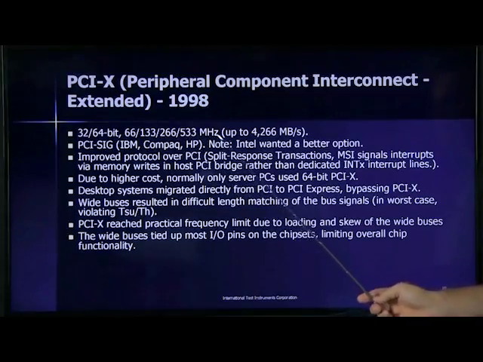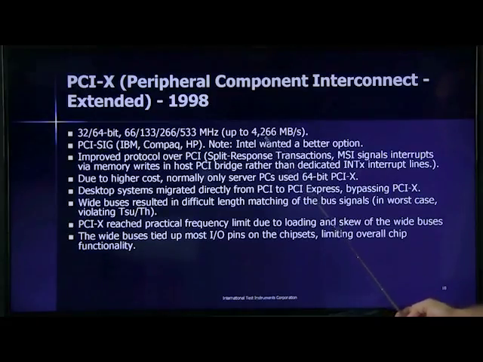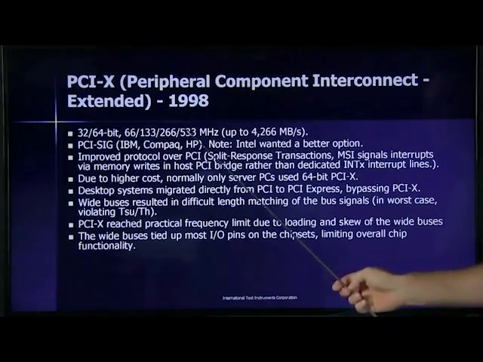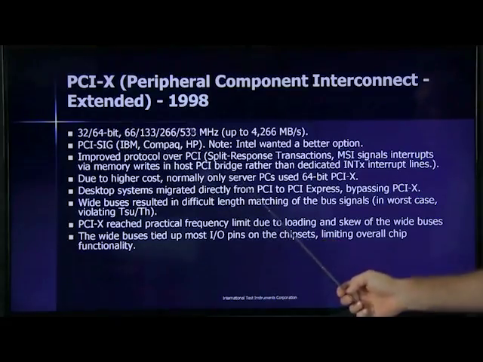That eventually made the maximum bandwidth jump from about 133 megabytes per second as in the original PCI spec up to 4.2 gigabytes per second. Unfortunately, when you go to the high clock frequencies, the number of devices that can load the bus goes down from about 6 devices as in the original PCI to just 1 device.